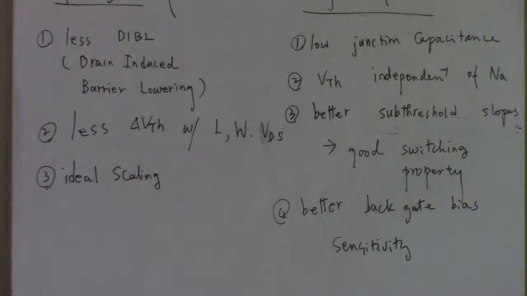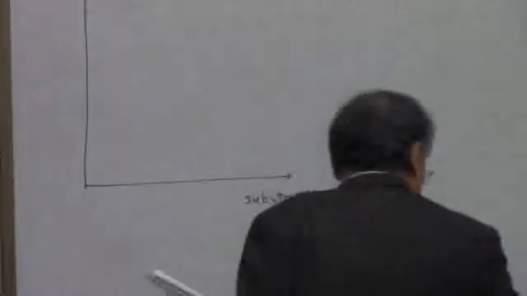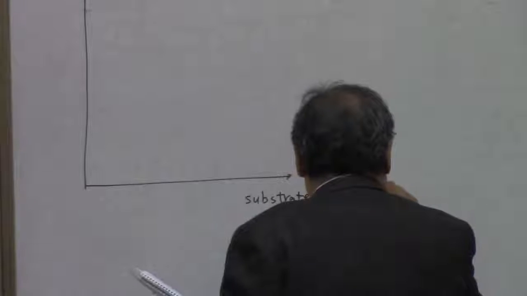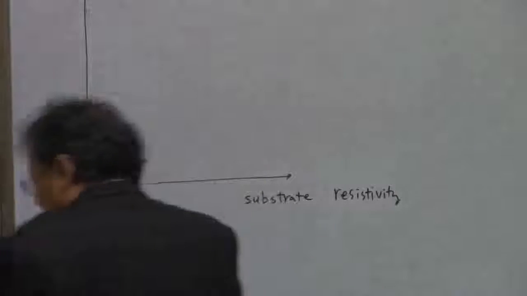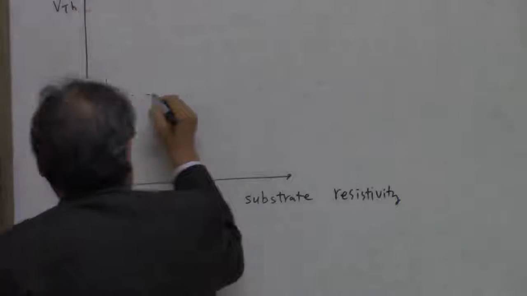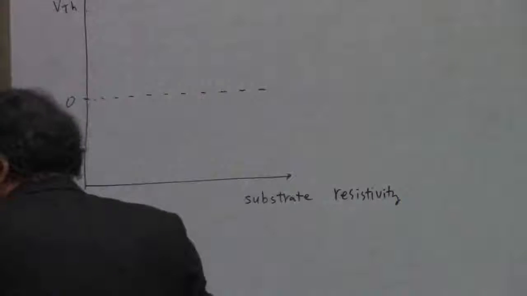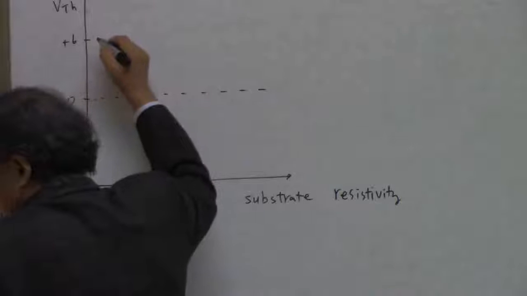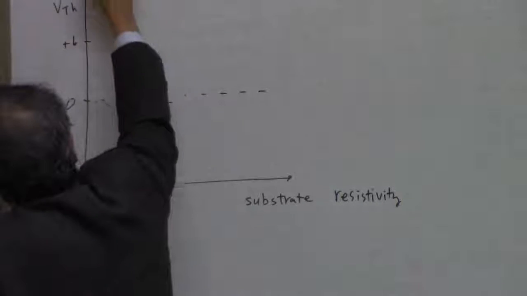And the experimental data says substrate resistivity, and this is the threshold voltages, and then you can see the zero threshold voltage is somewhere around here, and then plus 6 is here, and then it's far bigger than that.